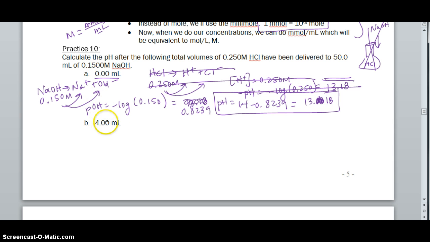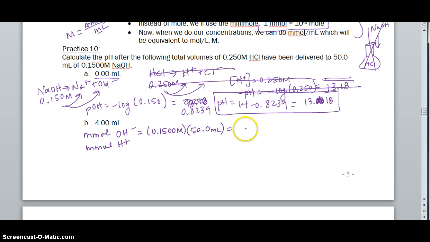Alright, so basically anytime you have an acid-base titration, it's a balance between the millimoles of the OH- and the millimoles of the H+. So to figure out starting millimoles of base, I just take my molarity and multiply it by the volume of base present, and so that's 50 milliliters.